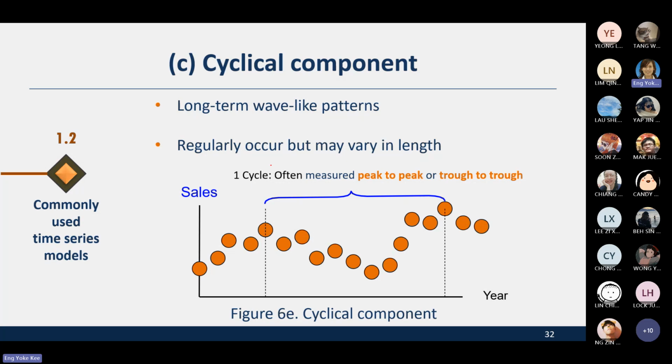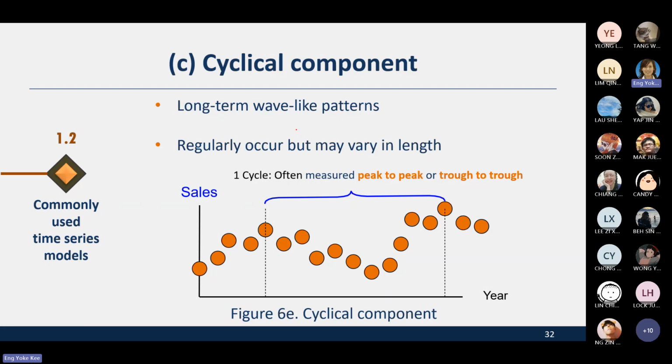Okay, so in practice, this cyclical component, one good example will be like business cycle. You say the business up and down. Okay, so that will be a repeating pattern. For example, in economics, we tend to believe that, like Malaysia, we also experience a business cycle. How long is the business cycle? Okay, from booming to booming, we consider one cycle. Trough to trough, consider one cycle, right?